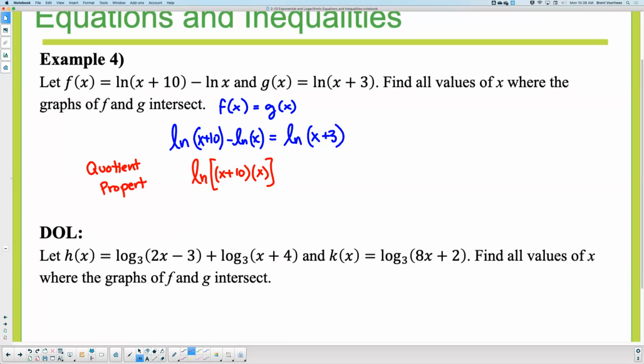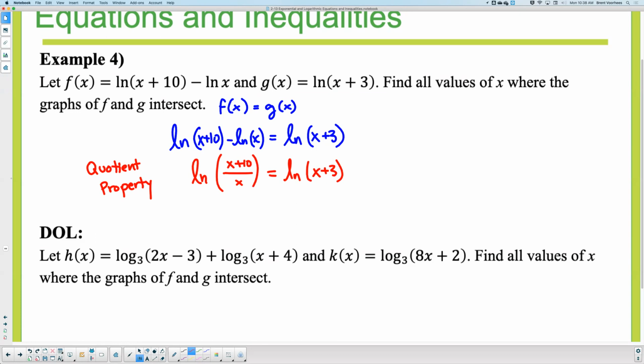I did the product property, but that's not accurate. I need to do division. Because of that, I don't need the square bracket. I can go parentheses. I'm sorry. So I'll do x plus 10 in the numerator over x in the denominator, and I can just do a parenthesis like that equals the natural log of x plus 3.